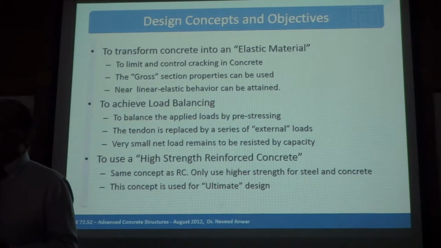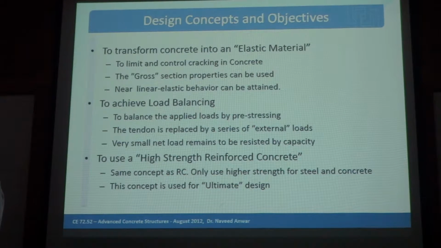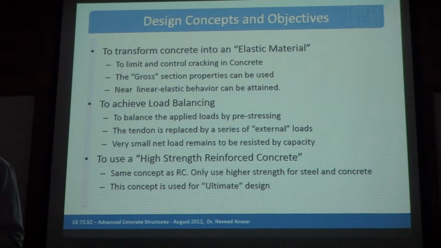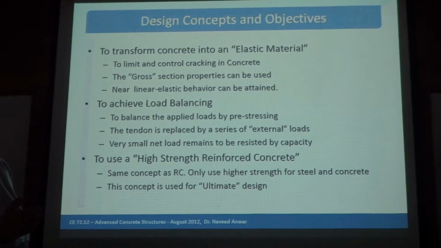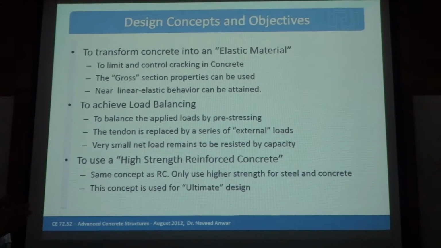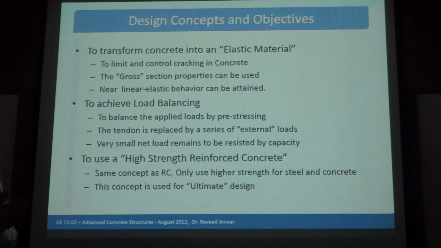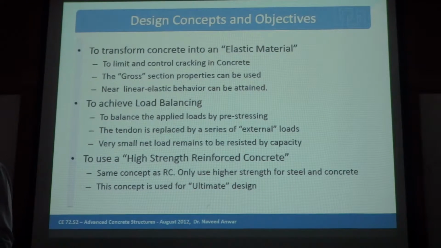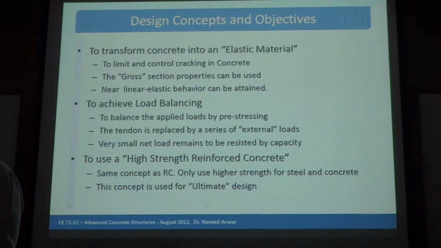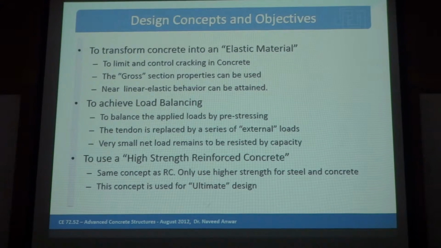Zero stress state can be achieved theoretically. So the entire load can be balanced by the prestressing action. Imagine a beam having no stress, nothing, no shear, no torsion, no bending. So all our worries will be gone in that case. Of course, that situation normally cannot be achieved practically, but theoretically, yes.